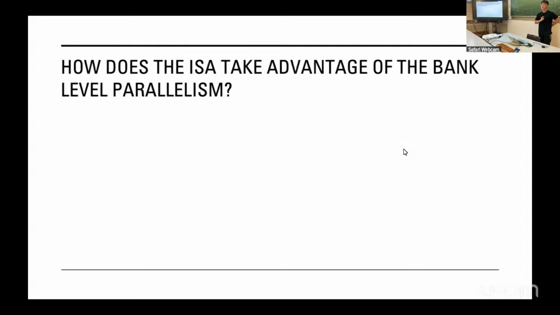And how does the ISA take advantage of the bank-level parallelism? Remember the PIM slide of a PIM channel. Like I said at the bottom of the ISA slide, the important thing is that it's quite granular, and in the ISA we can access each bank separately.